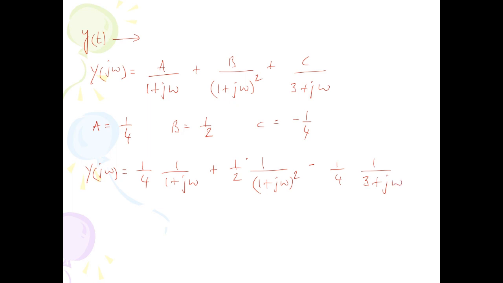By applying the inverse Fourier transform, this will give 1 by 4 e power minus t u of t straight away. Similarly, minus 1 by 4 e power minus 3t u of t.